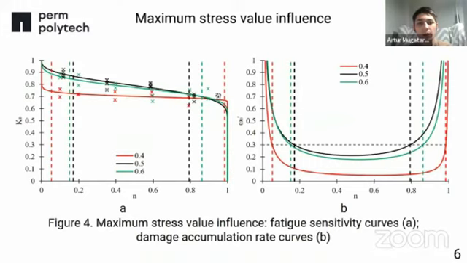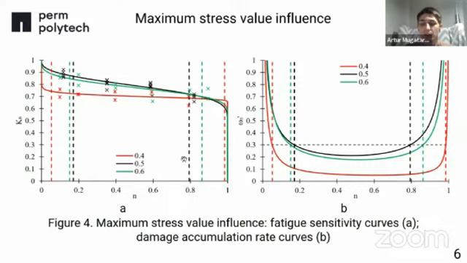First, we investigated the influence of maximum stress value during the cycle. GFRP specimens were tested under various maximum normal stress values equal to 0.4, 0.5, and 0.6. Fatigue sensitivity curve and damage accumulation rate curves were plotted.